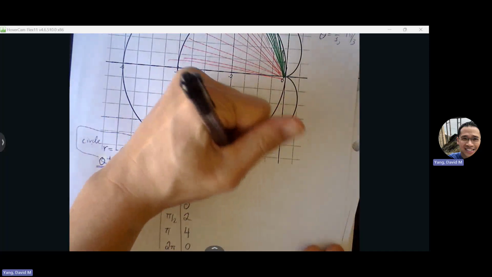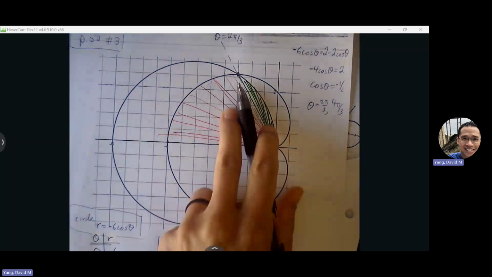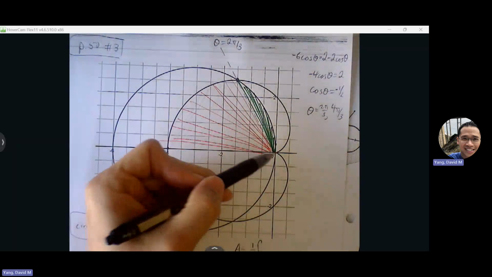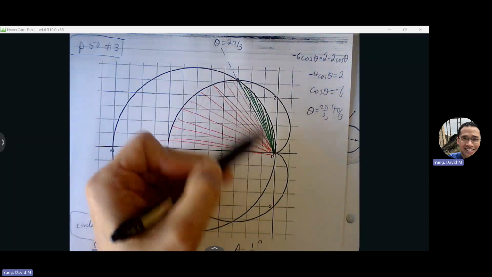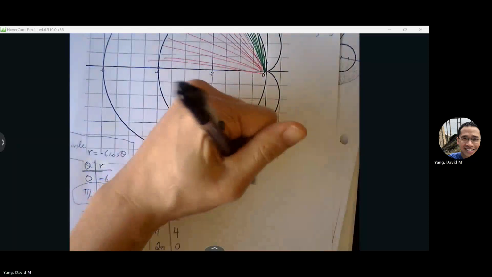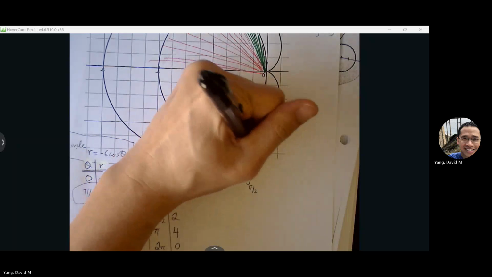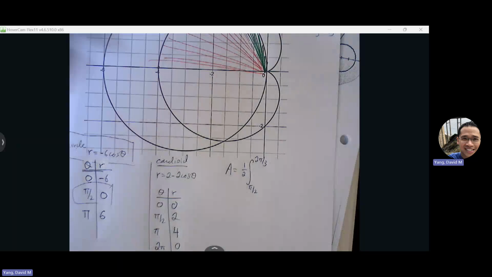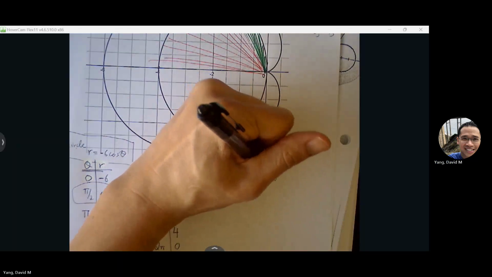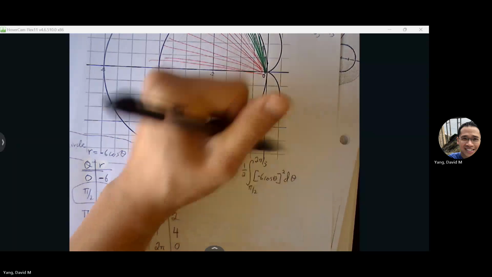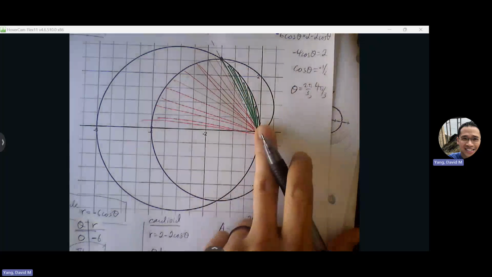So then the circle portion is going to be 1/2 integral from pi over 2 to pi over 3, because we see that that's where our circle portion is going to stop, and then r squared d theta. Plus, okay, we have the green region figured out.